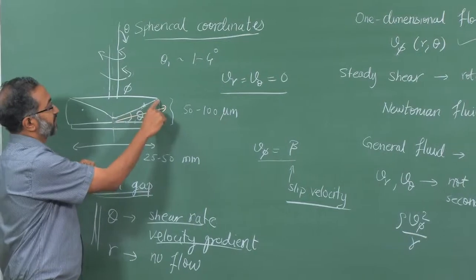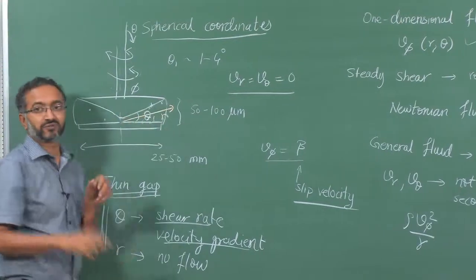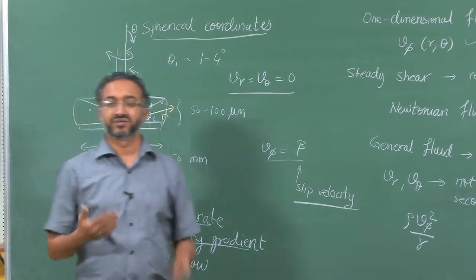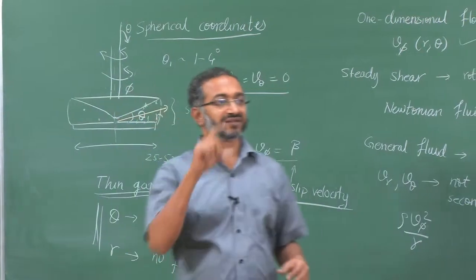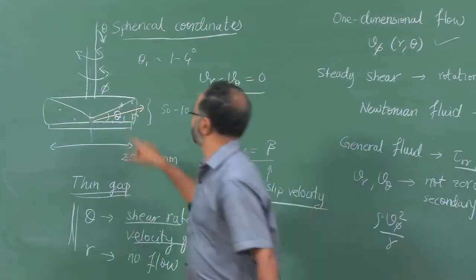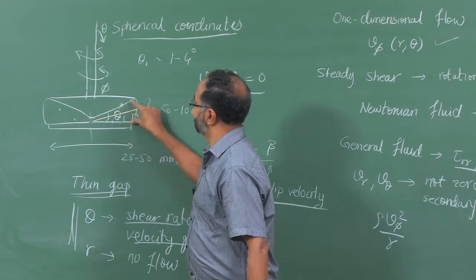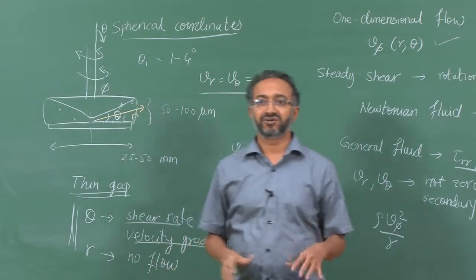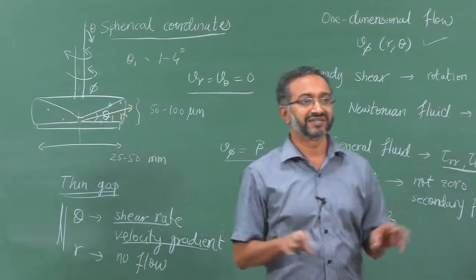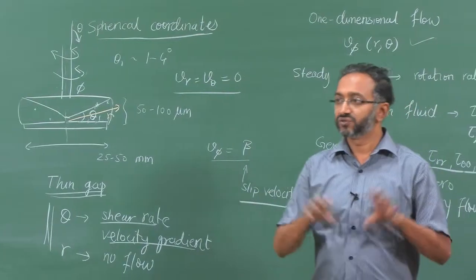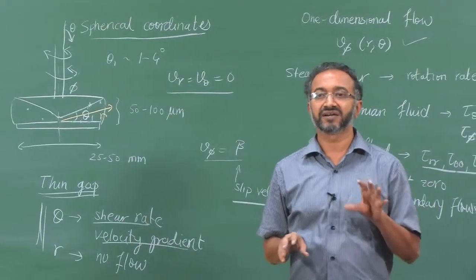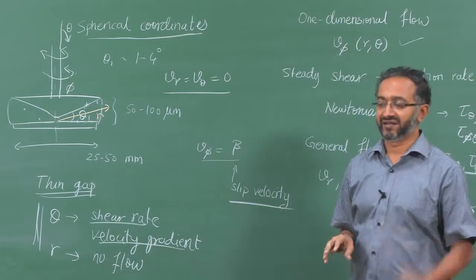The height is proportional to r, and the top velocity is also proportional to r. Since both are proportional to r, the ratio of the velocity to the distance will remain independent of r. That is why we say that there is uniform shear rate throughout the geometry. In fact, it will depend on only omega and theta.